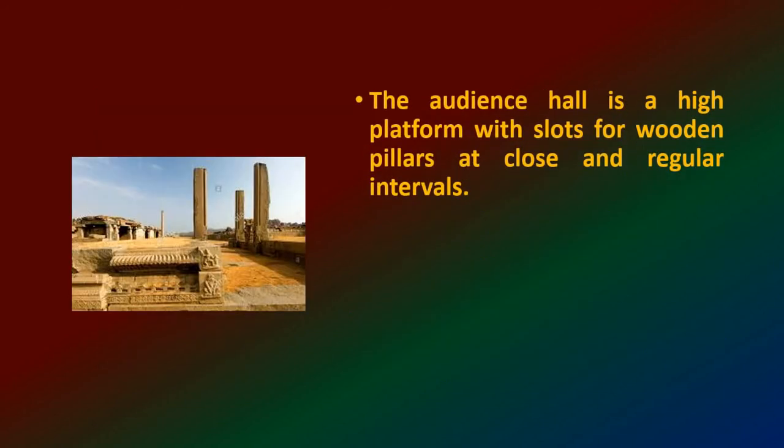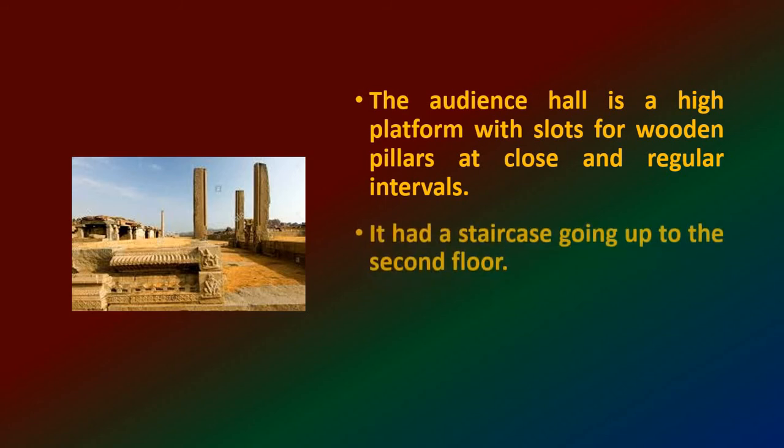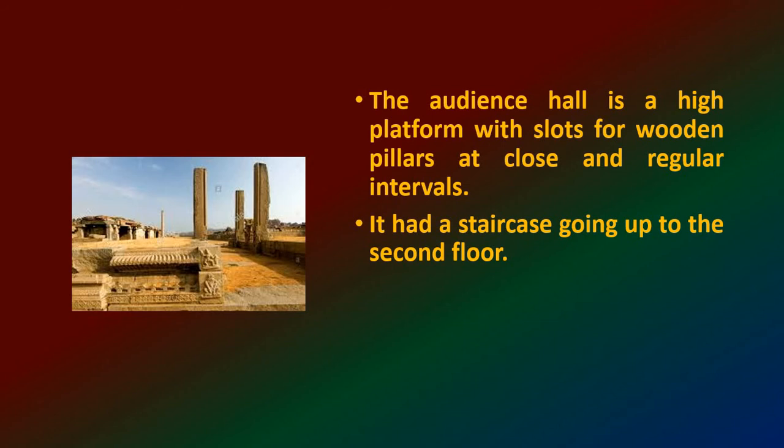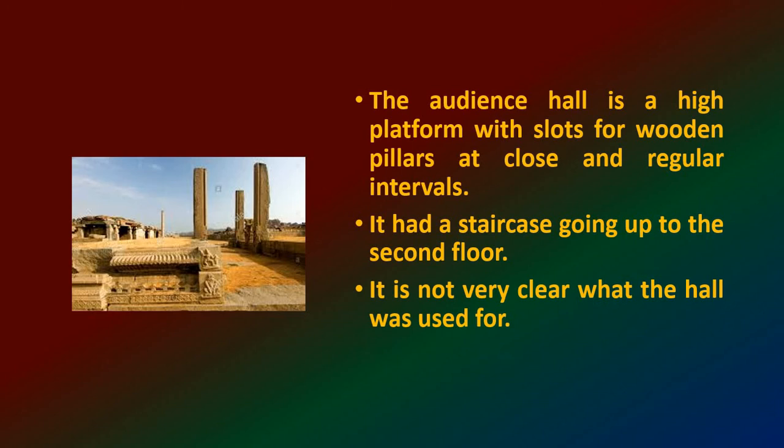The audience hall is a high platform with slots for wooden pillars at close and regular intervals. It had a staircase going up to the second floor. It is not very clear what the hall was used for.